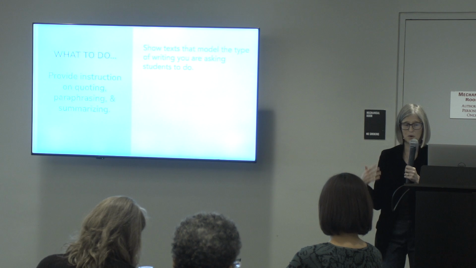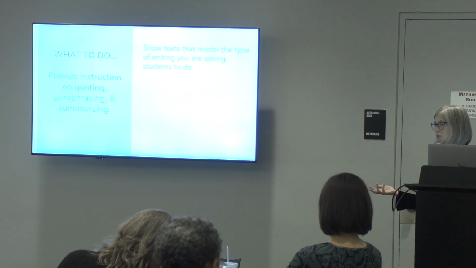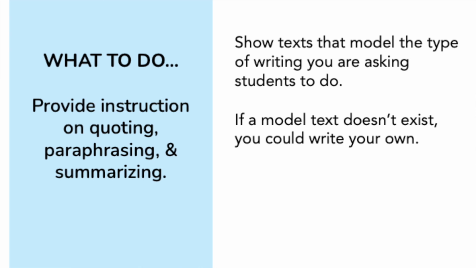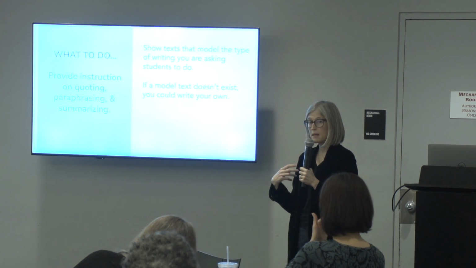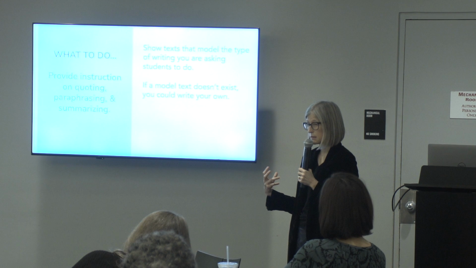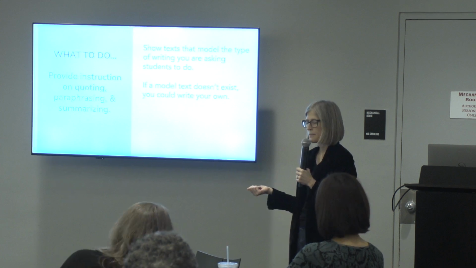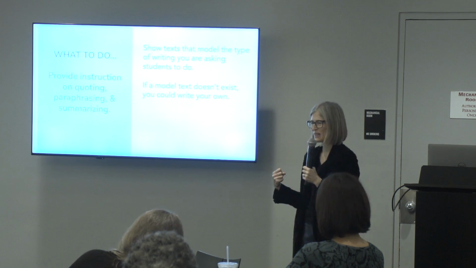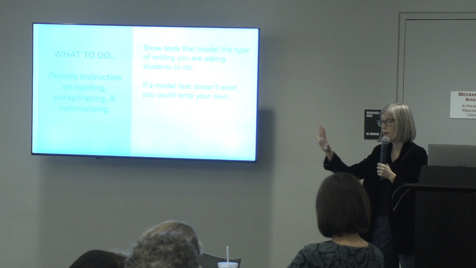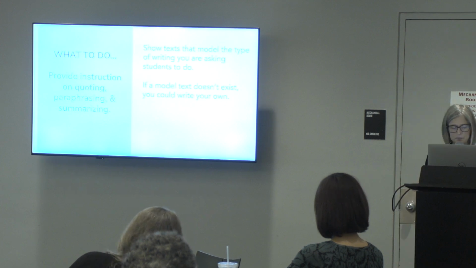There are lots of different ways that people write with source material. If a model of such a thing doesn't exist, you could write one. You could also think about why the model doesn't exist. There may still be a good reason you're asking people to do something, but it's worth stopping to think for a moment: why is this thing that I want them to do so badly not out there anywhere that I can find?